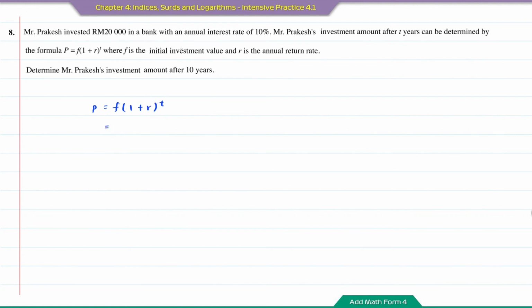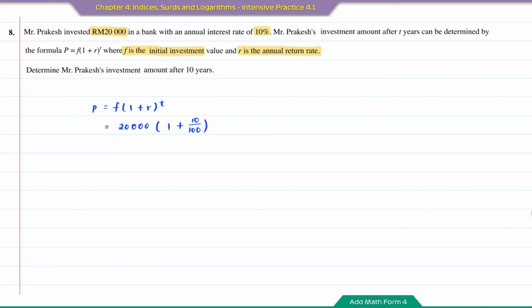So first the F, which is the initial investment, is equal to 20,000. And the R, which is the annual return rate, is equal to 10%. So here we can write it as 0.1 or 10 over 100.